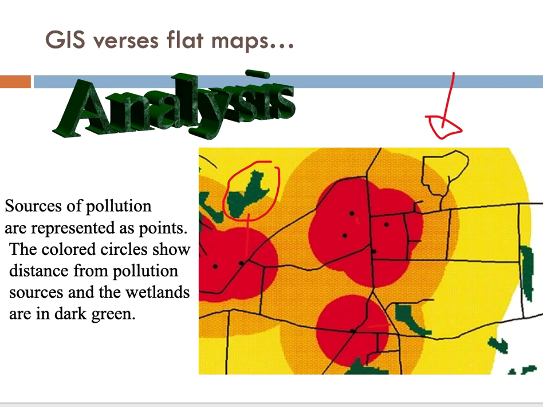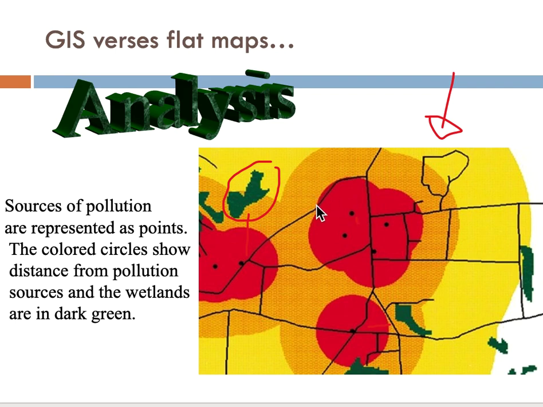So GIS versus flat maps. There's a difference between the two. GIS allows for automation and it allows you to visualize multiple layers all at once and to do analysis. So again, we have multiple layers here in this map. We have sources of pollution that are represented as black points, and the colored circles show distance from pollution sources.